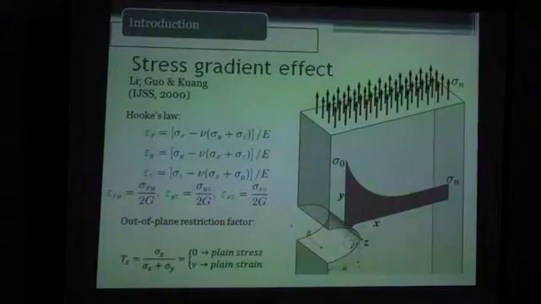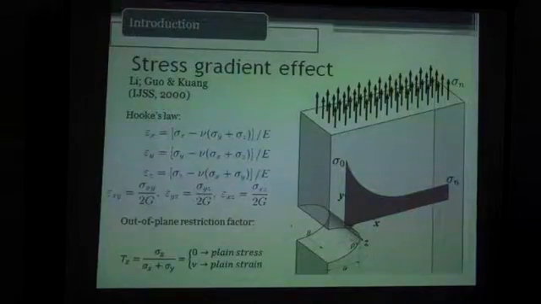So there are not many works on 3D calculations dealing specifically with the study of the stress gradient effects along the thickness. One of them is from Wu, who worked on stress concentration factors for notches, and they saw the difference at the surface or at the mid-thickness.